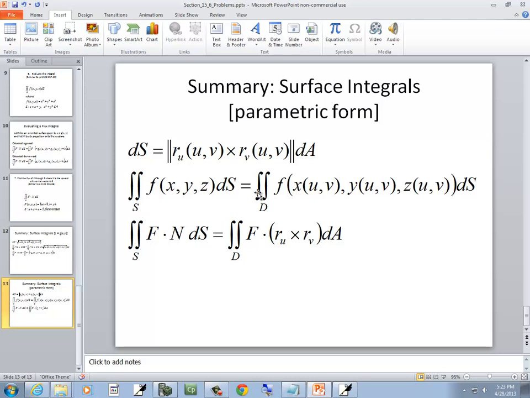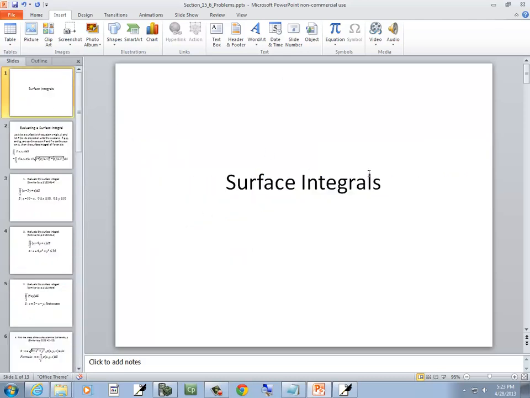You see down here the actual surface integral: f of x of uv, y of uv, z of uv times dS, which is all of this. And if you're finding the flux, you can find the dot product of F and n, which is this over here. So again, based upon the examples we've seen, you should be able to solve any of these forms now. So let me go ahead and save this.